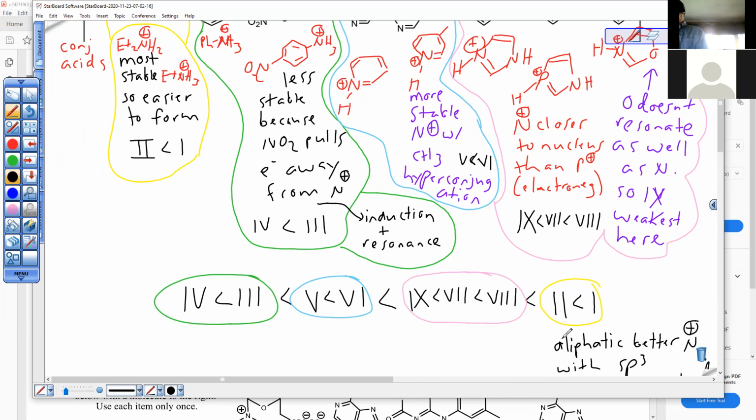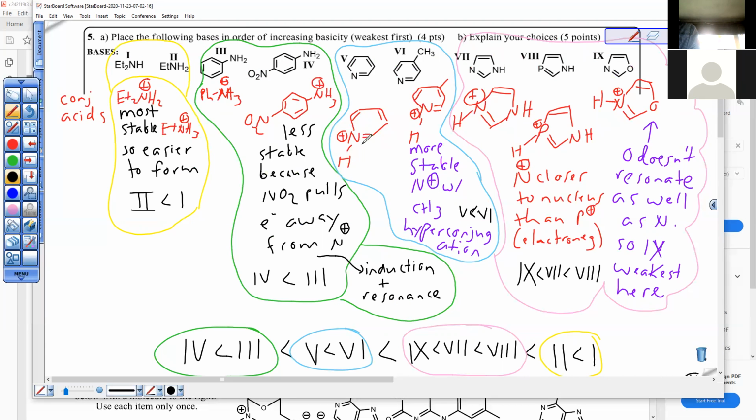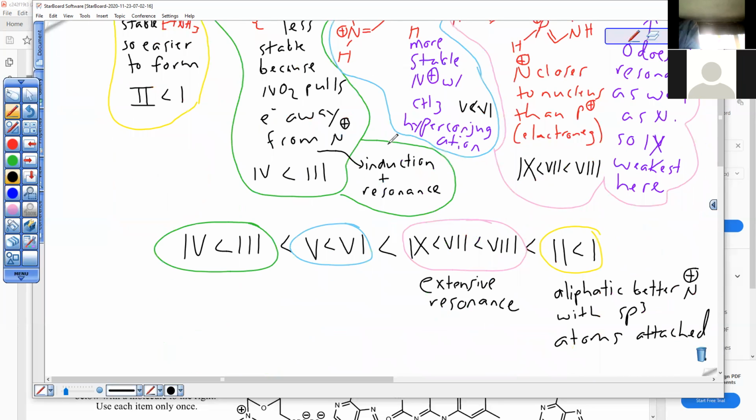And the imidazoles, I should say extensive resonance helps them out. That's why they're second best. And the pyridines, sp2, but they do resonate. Write that down. sp2, but they do have some resonance.